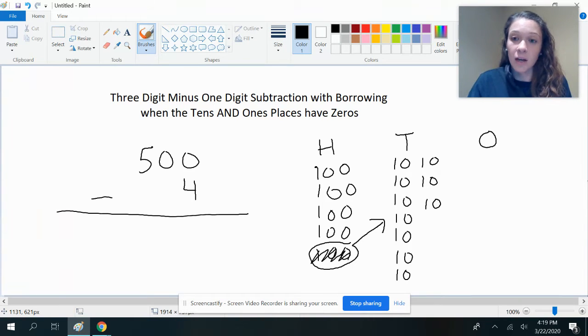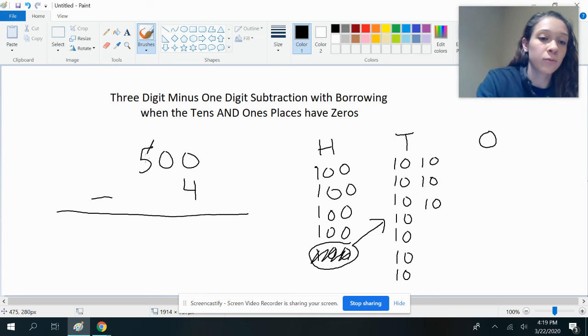Remember from the last video, I know we want ones in the ones place, but first thing we need to do whenever we borrow from any place value, we need to stop and show what we just did over on our numbers before we move forward. Okay, so first thing, let's figure out how many hundreds I now have. 1, 2, 3, 4, which makes sense because I had 5 and I took away 100.